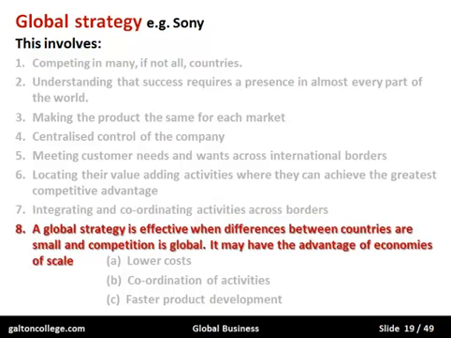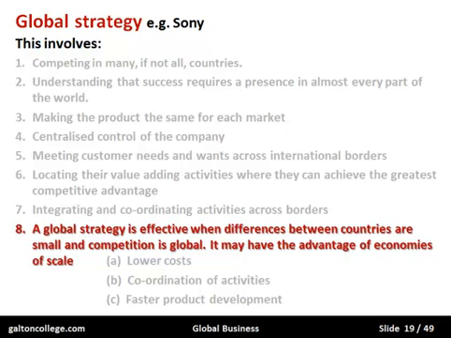A global strategy is effective when differences between countries are small and competition is global. It may have the advantages of economies of scale. So global strategy is effective when differences between countries are small.